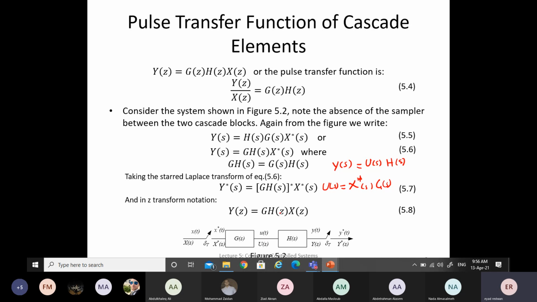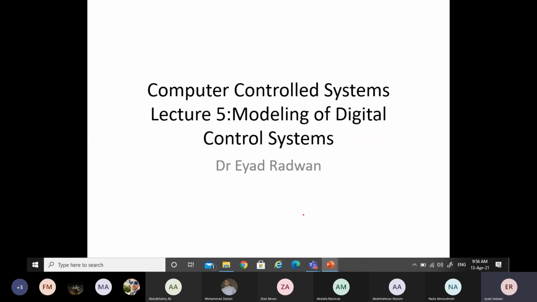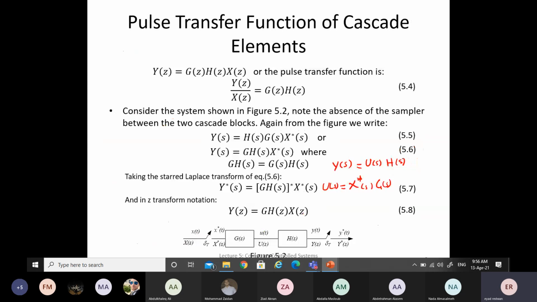It is not like in the case before, where it was in discrete form. So here I have u of s equal to x star g of s, and I can substitute this into this equation to obtain y of s equals x star g of s times h of s.